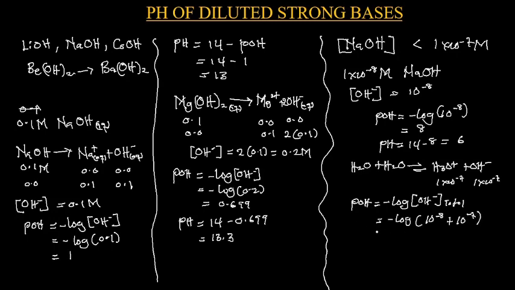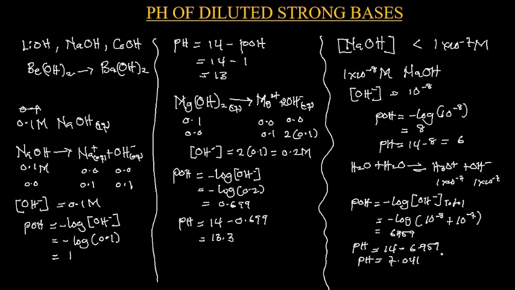So when we punch this in, what are we going to have for pOH? pOH is going to be 6.959. So when we take this out of 14, pH will be 14 minus 6.959, and so we find out that pH is equal to 7.041, which makes sense, right?